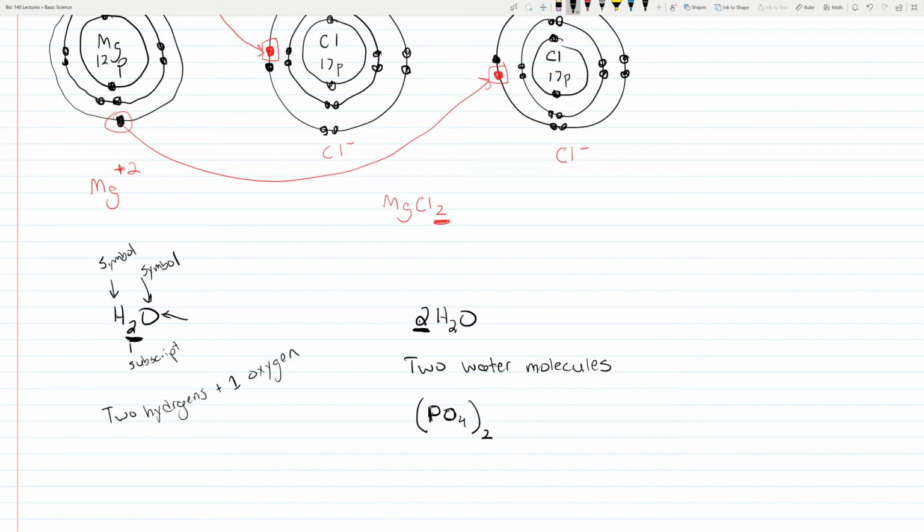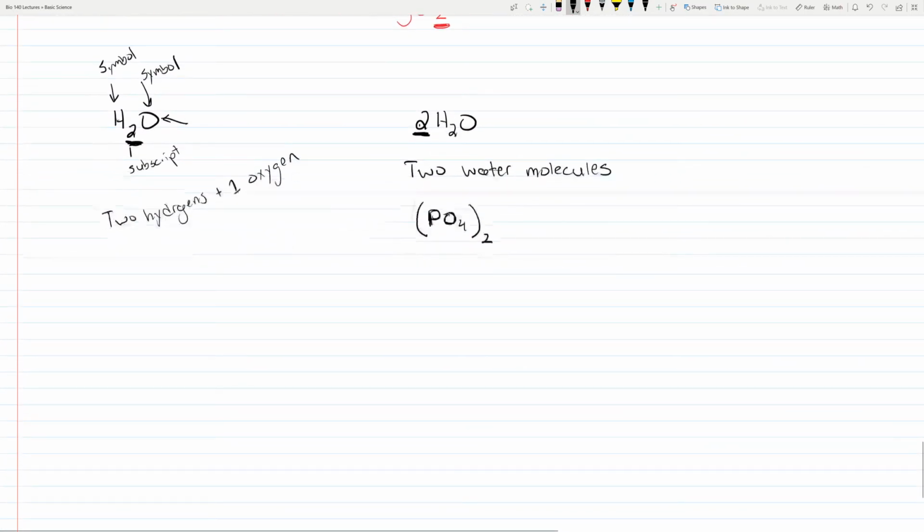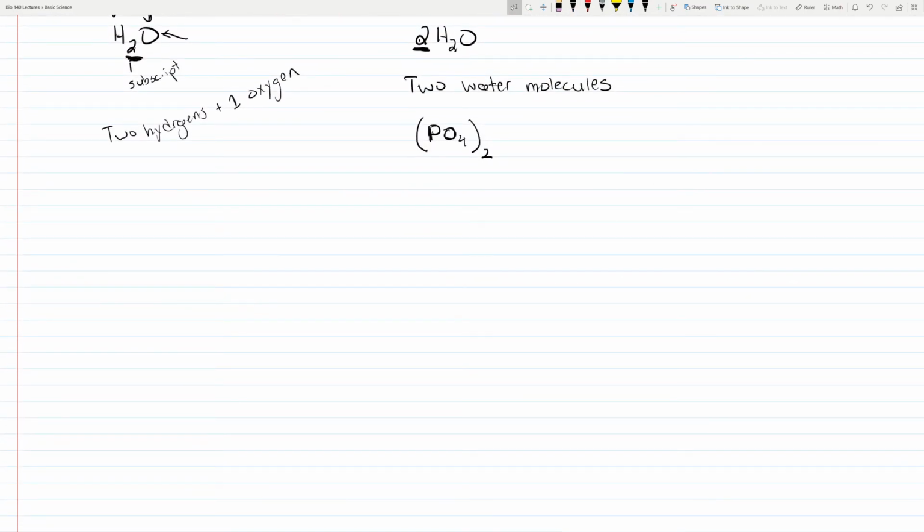Okay, and so the last thing that we're going to talk about is what is the difference between a molecule and a compound. So a molecule is bound by covalent bonds.